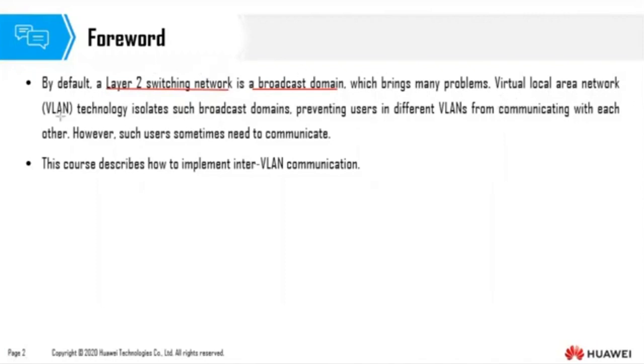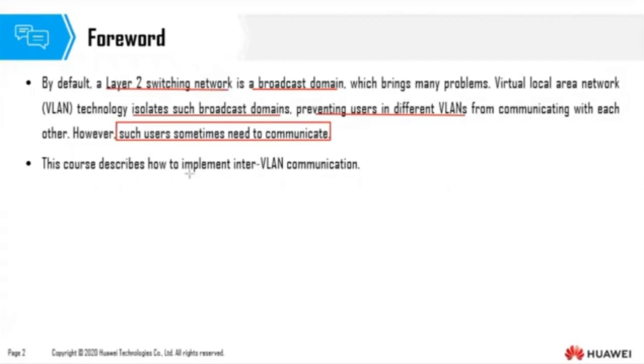Virtual local area networks isolate such broadcast domains, preventing users in different VLANs from communicating with each other. However, such users sometimes need to communicate. That one is important. Such users sometimes need to communicate, even though they're on different VLANs. And we're going to show you an example.